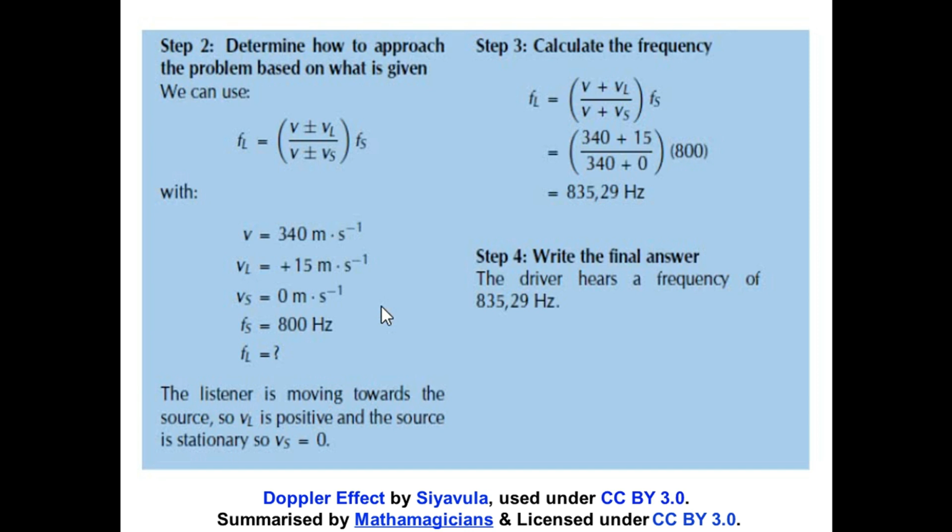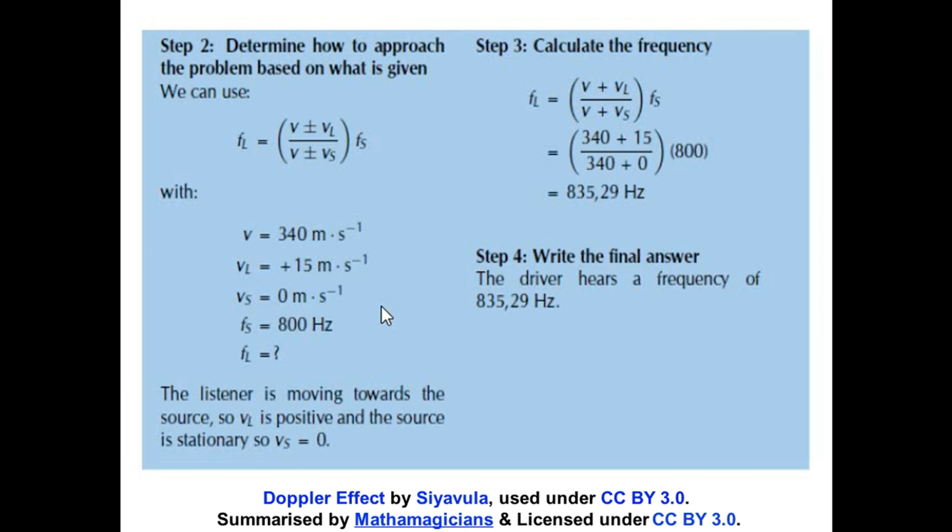Now, step 3, we calculate the frequency. We get our simplified Doppler effect formula. We know exactly what we're working with. FL is equal to (V plus VL) over (V plus VS) times FS. So we sub in 340 plus 15, divided by 340 plus 0, times 800.